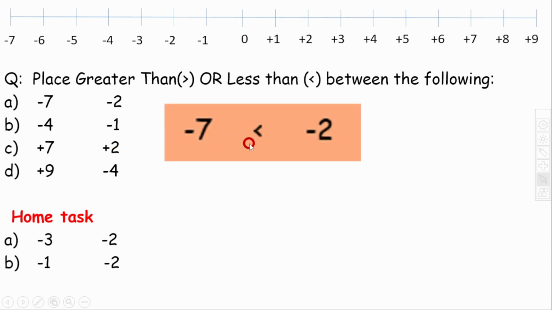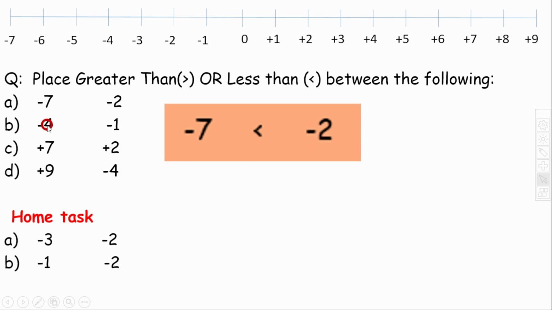Why? Because minus 2 is on the right hand side compared to minus 7. Numbers on the right hand side are greater than numbers on the left hand side. You can see minus 7 being less than minus 2.